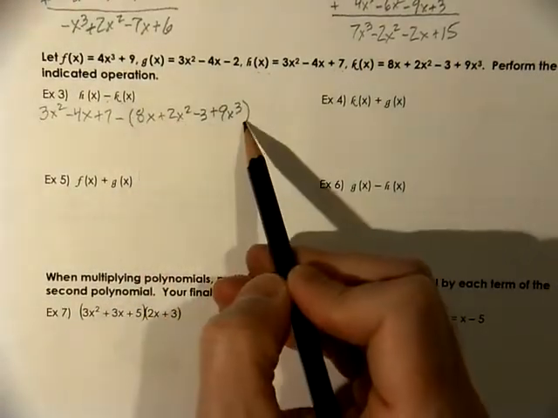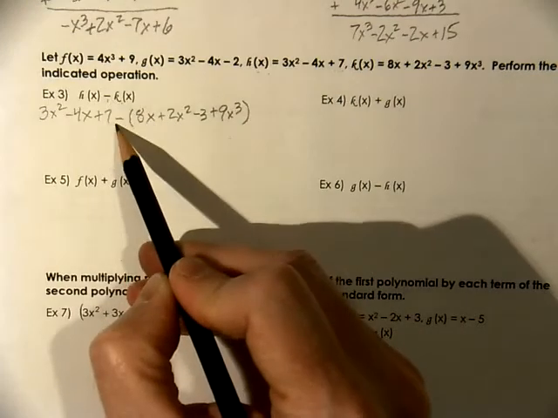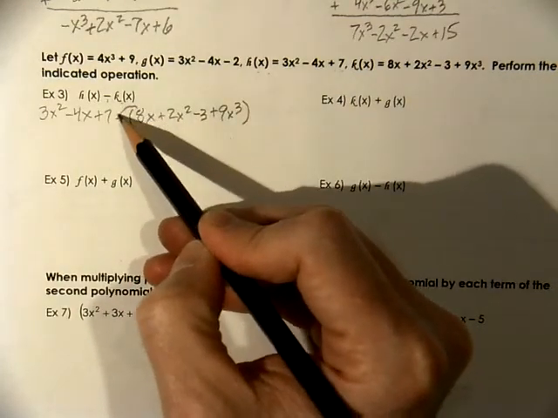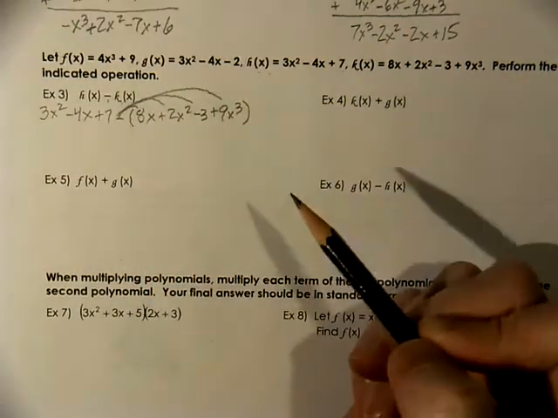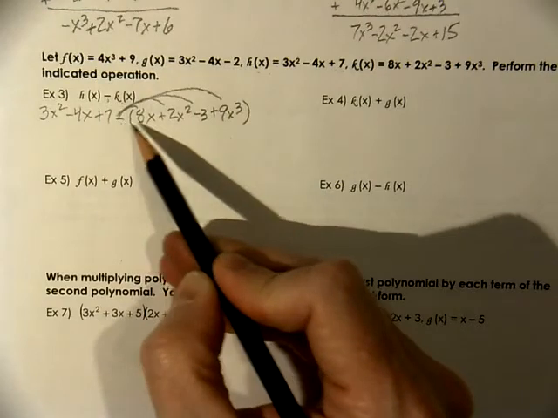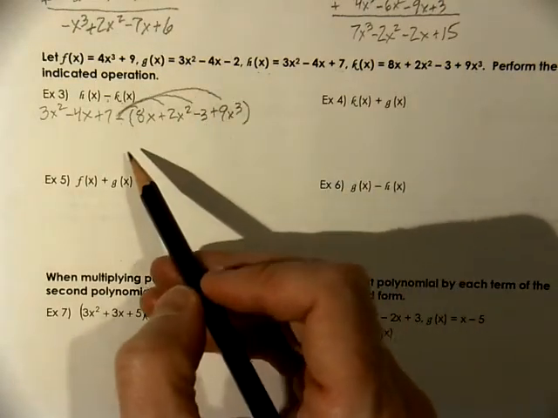I had to use parentheses around this polynomial because we're subtracting, because that helps remind me to distribute our negative through the whole polynomial to actually subtract it.